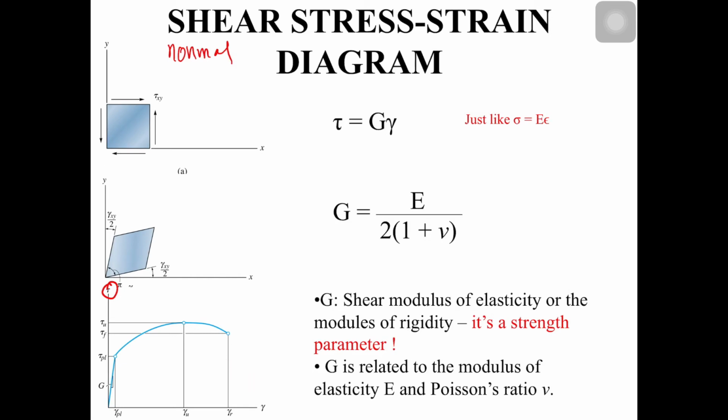So the equations are the same. The slope, before we used E, the Young's modulus, but here we use the shear modulus of elasticity, or the modulus of rigidity, G. It's similar to sigma equals E epsilon.